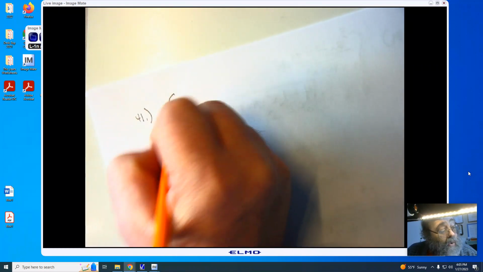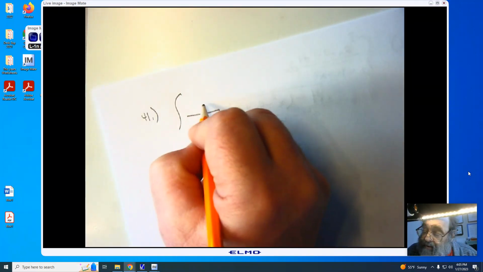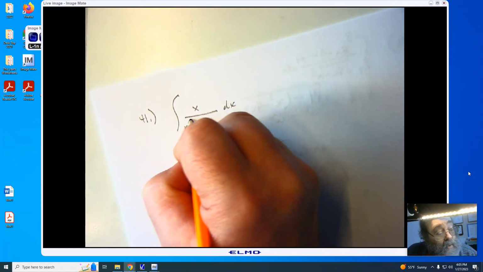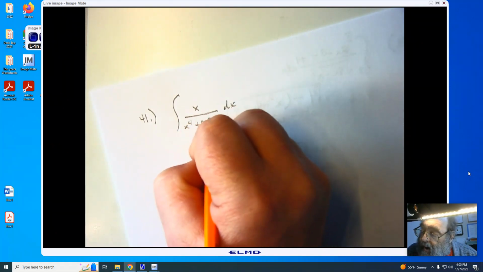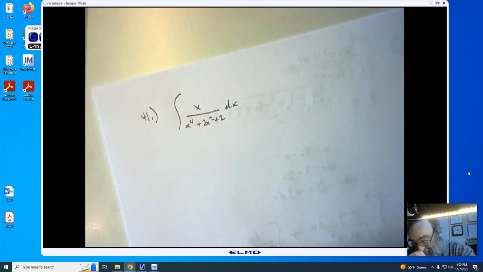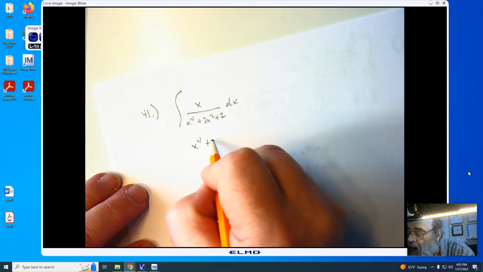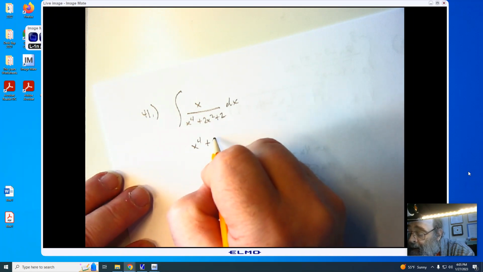So our last one, number 41, we're now looking at the integration. This is an indefinite integral, and we have x to the 4th plus 2x squared plus 2, x to the 4th plus the 2x squared.